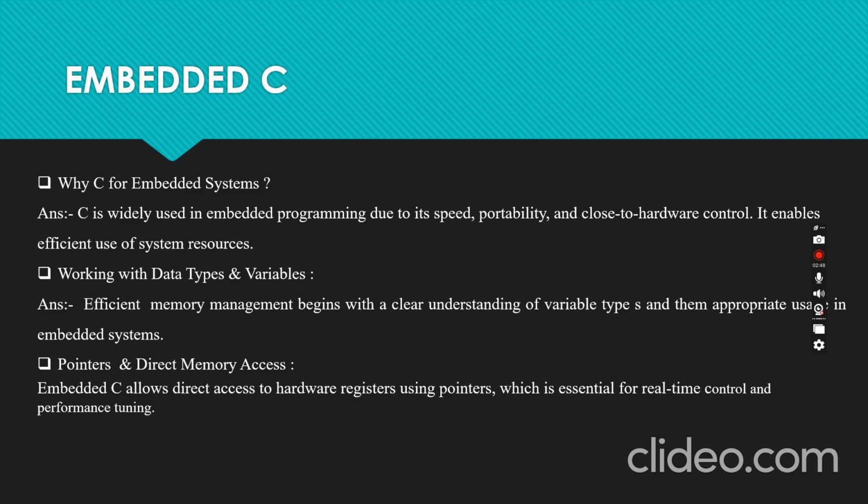Means C is a very basic and easy language which we can use in embedded systems. We don't need to know many new things in C. The same things we study in C programming, we use here, following data types, variables, pointers, direct memory access, and so on. We can use these extra things here.